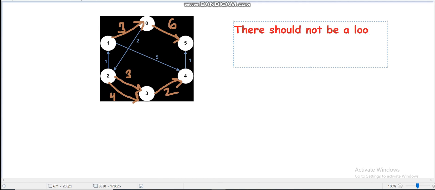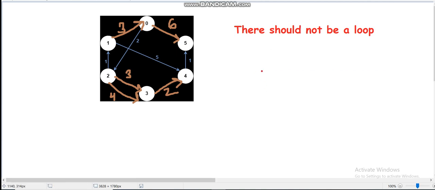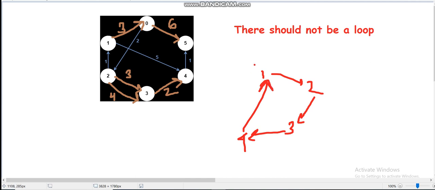So why is this an observation? If there is some loop, let's say there is a loop 1 to 2, then to 3, then to 4, and then to 1. That means 1 is our destination vertex, so we can easily remove this edge.